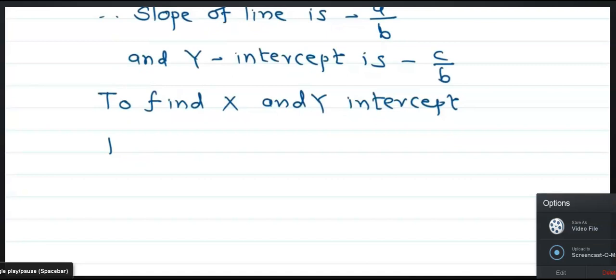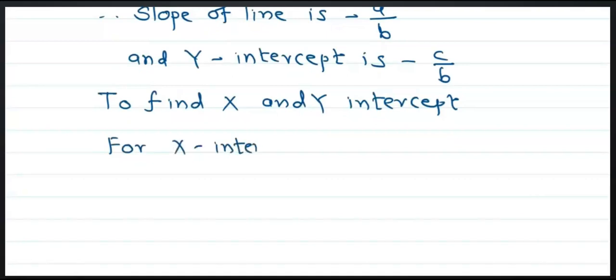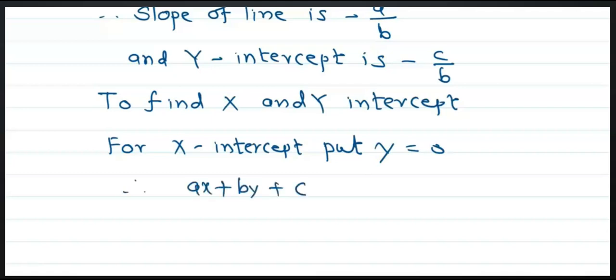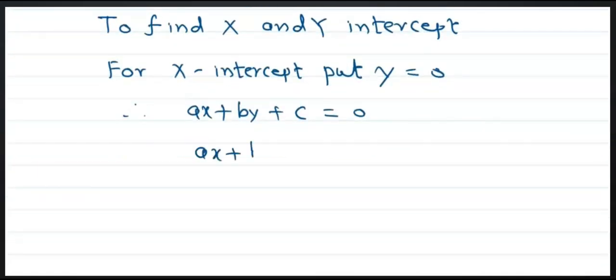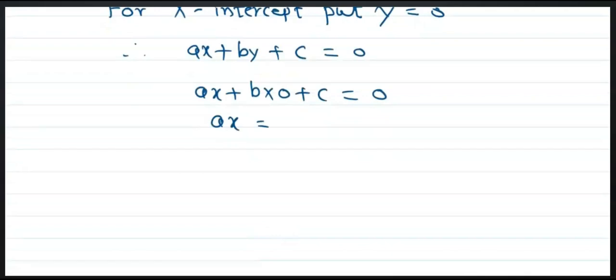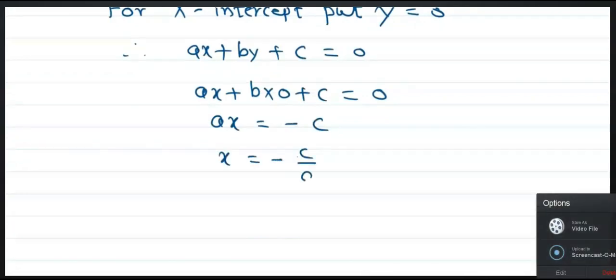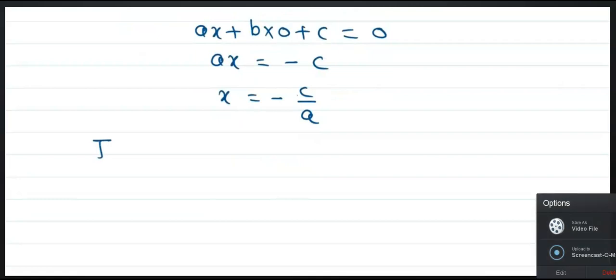To find the x and y-intercept, for the x-intercept, put y is equal to 0. Therefore, ax plus b into 0 plus c is equal to 0. Therefore, ax is equal to minus c. Therefore, x is equal to minus c upon a.